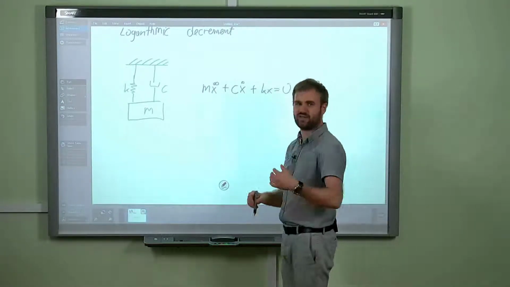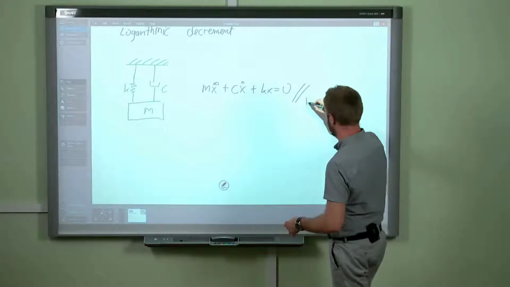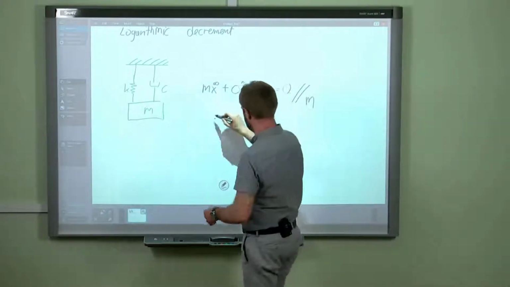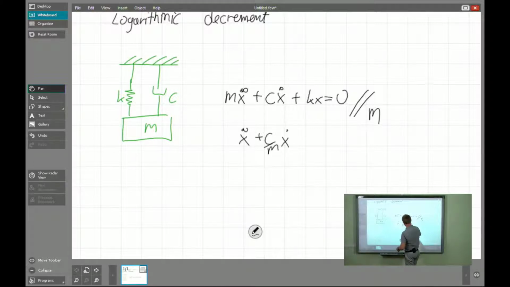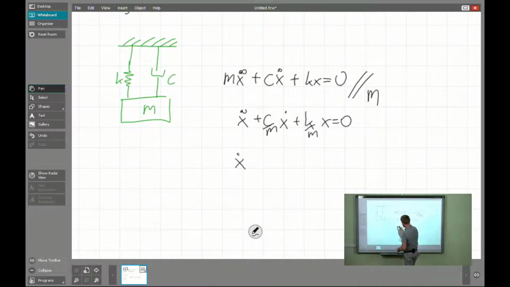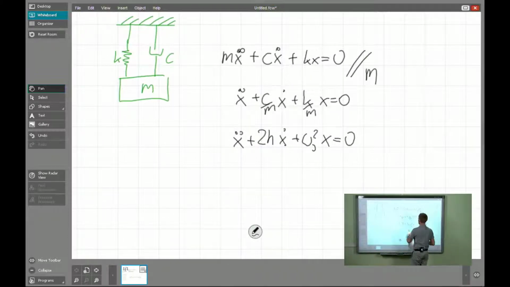Firstly, we have to solve our governing equation again. Like always, we are dividing by the mass, and we are getting such an equation. If we introduce our typical substitutions, we get our governing equation expressed in the form of the displacement.